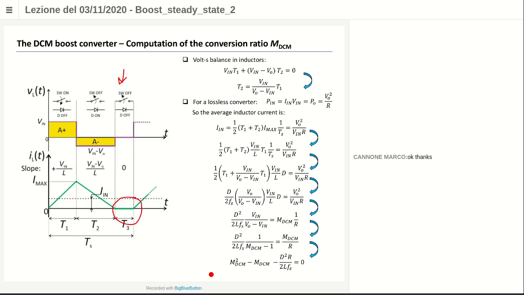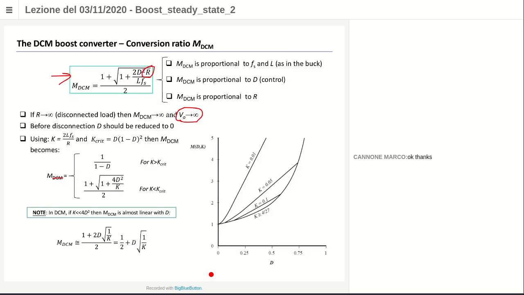This is a problem. For the boost, you cannot disconnect the load while the boost is operating. Of course, this means that when there is the lab about the boost, you always have to maintain the connection of the load on your port.